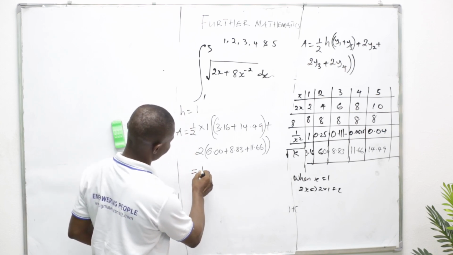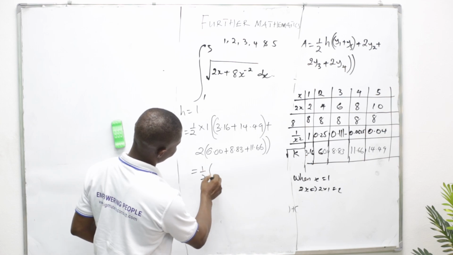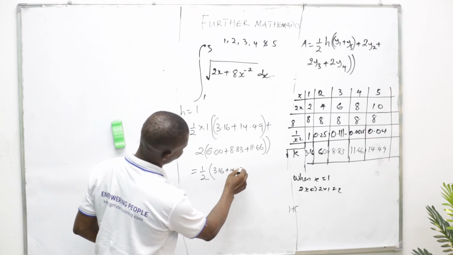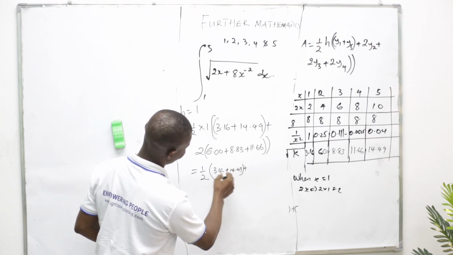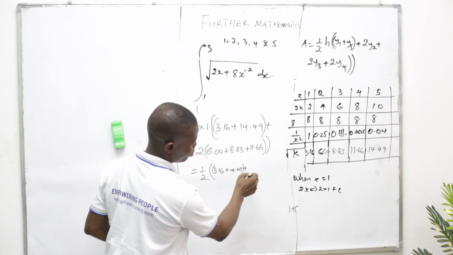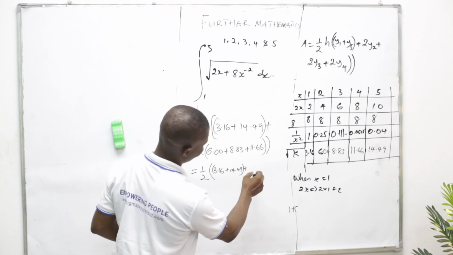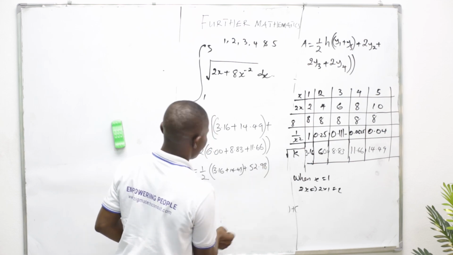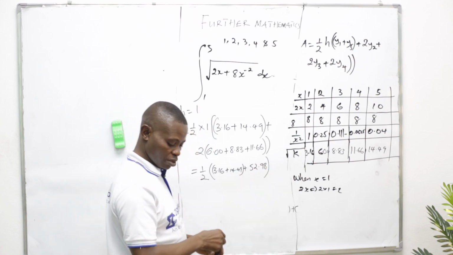This will give us 1 over 2, 3.16 plus 14.49 plus 52.98.